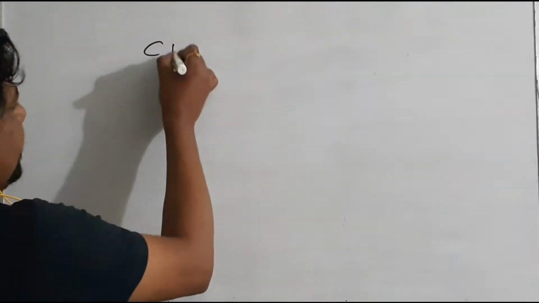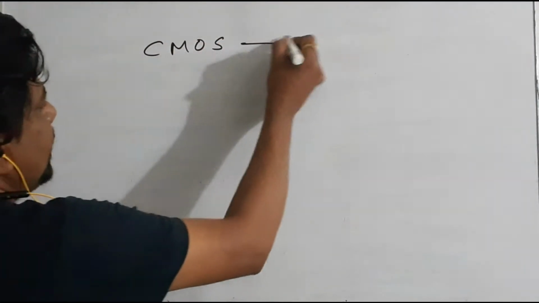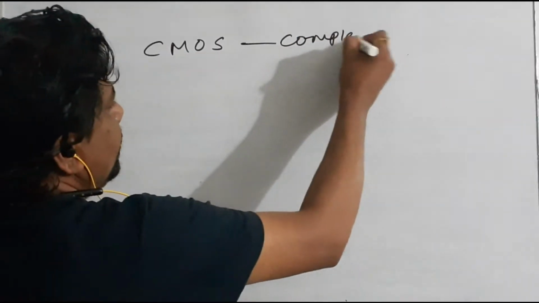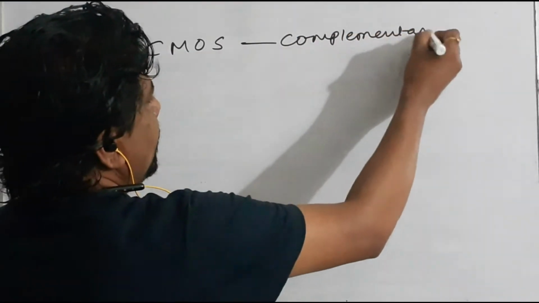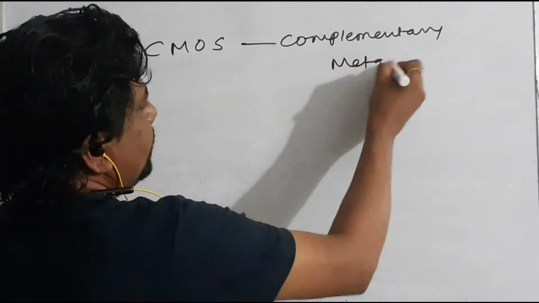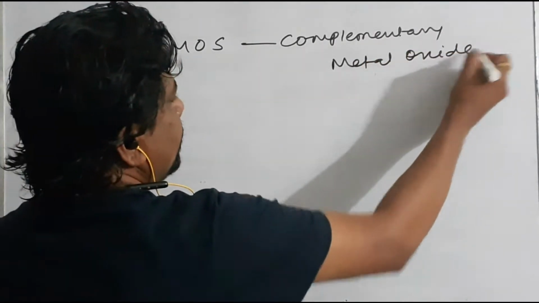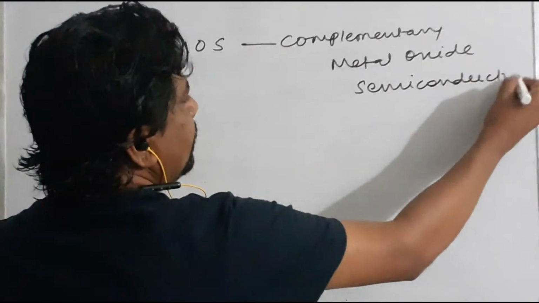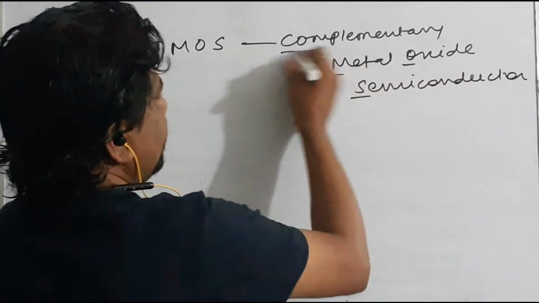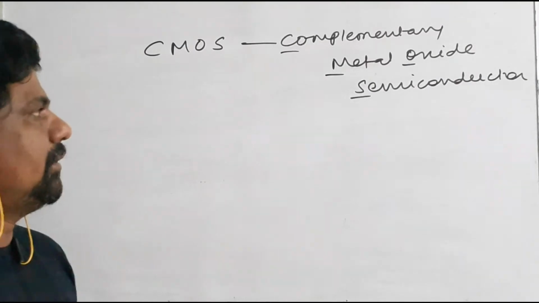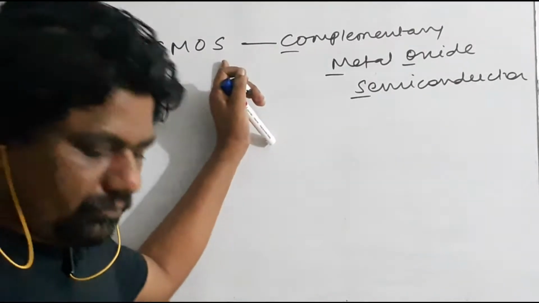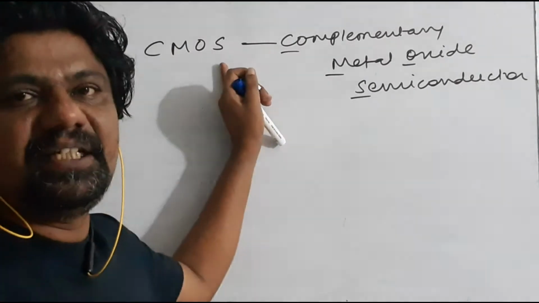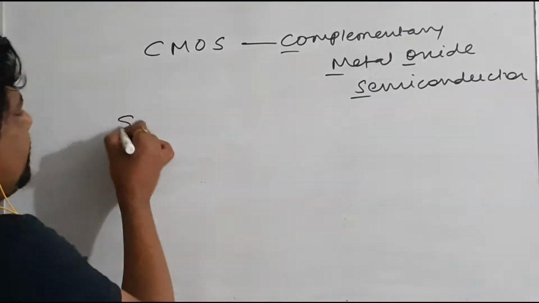So CMOS, that is complementary metal oxide semiconductor. So now, if we consider CMOS, then at that time we are having two types of switches.